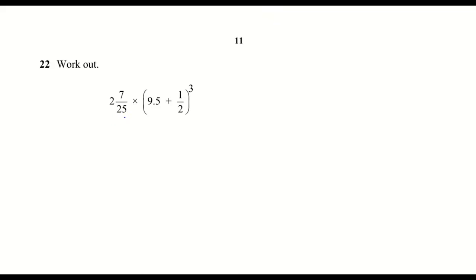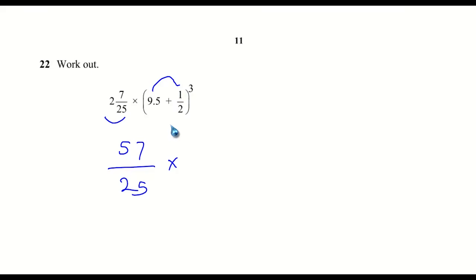So let's write this as an improper fraction. 25 times 2, 50, plus 7, you have 57 over 25. Then multiplied by 9.5 plus half.